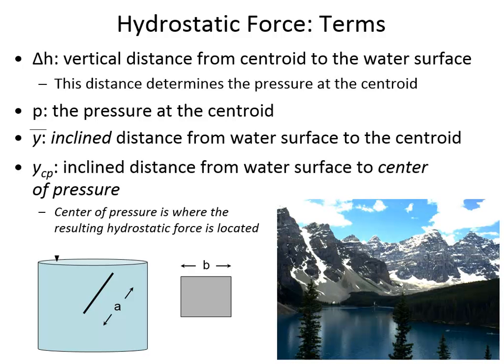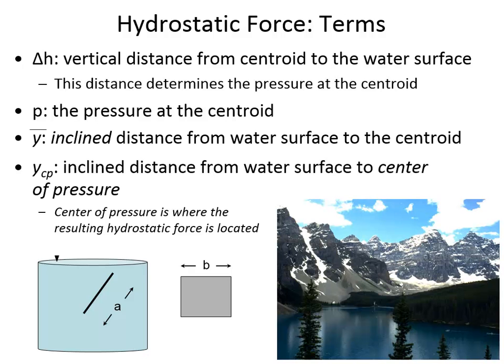So force is pressure times area. If we take into account all of that pressure acting over the entire area, and we instead want to represent it as a single equivalent force, so there's one big force acting on there, then we'll call that the hydrostatic force.